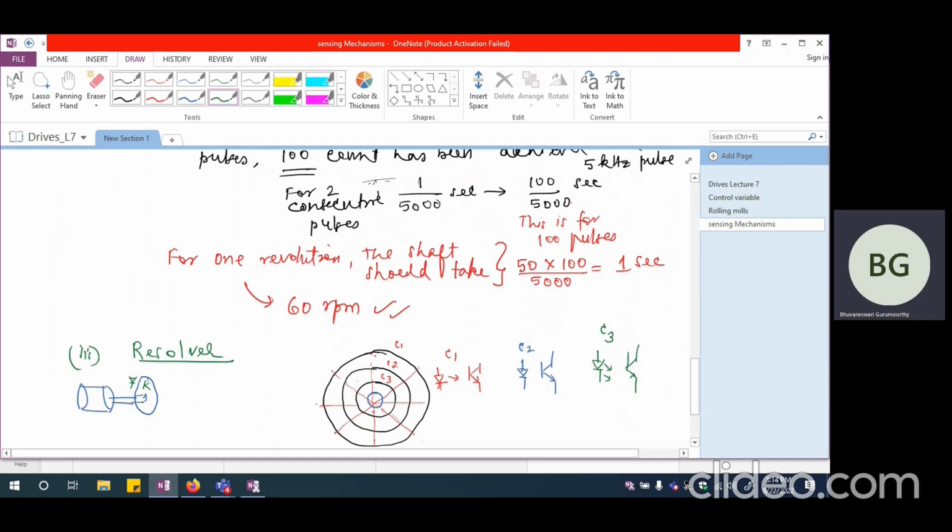Now, what I'm going to do is to carve out certain portions. For example, in one of them, I may carve out all 3. When I carve out all 3, all of them will be essentially transparent, so there will not be any intervening material or interruption between the LED and phototransistor.